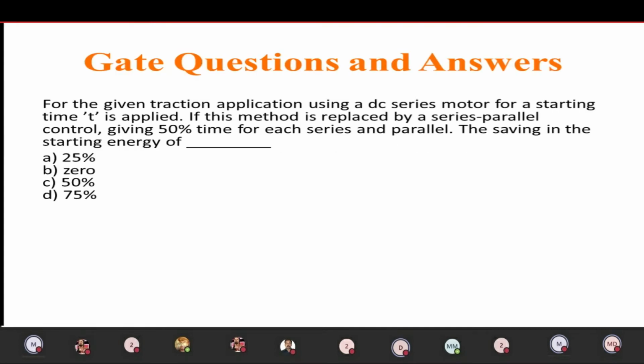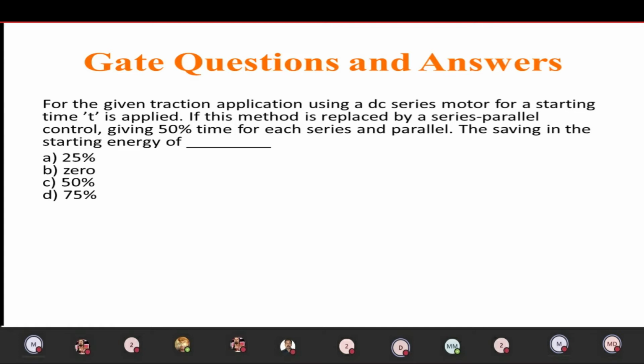Let me go to the 8th question. For a given traction application using a DC series motor, a starting time T is applied. If this method is replaced by a series parallel control. We know that the DC motor has different speed controls. The speed is varied in shunt motors and series motors.